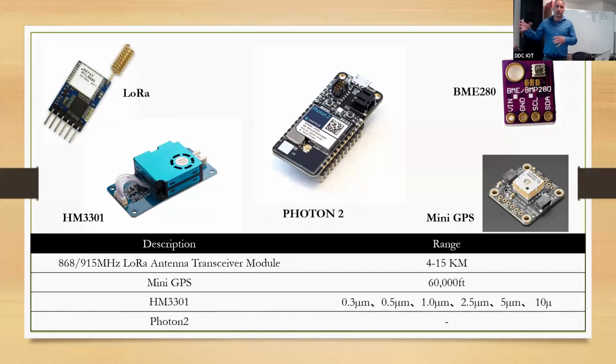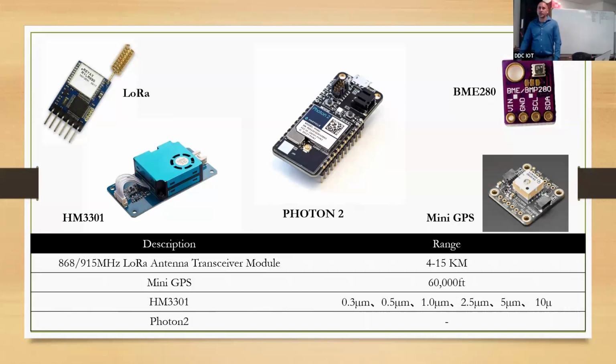That communicates to a base station that will then publish that data up to the cloud so that we can have actual data that we can utilize for all of the reasons I mentioned earlier: development, industrial, commercial, where we're going to place buildings. The HM3301 is the actual air quality monitoring sensor. The Photon 2 is the microcontroller which interacts with all of these other sensors.